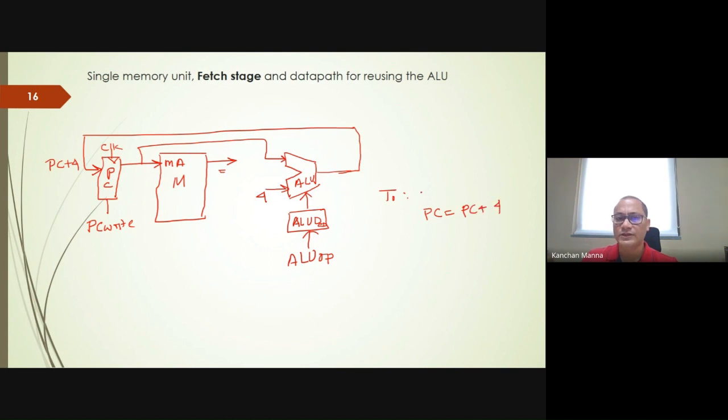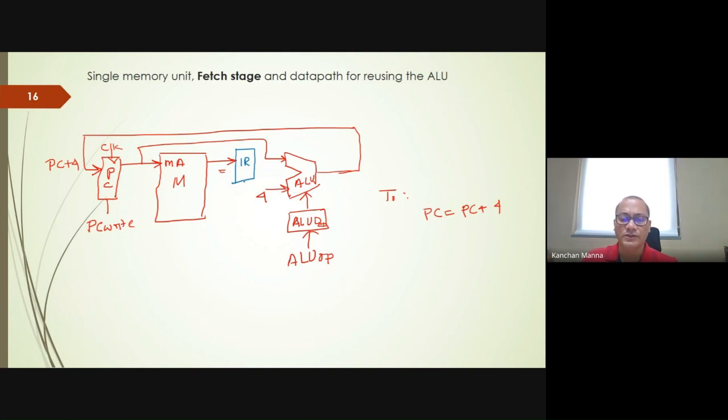Now we have fetched the instruction, and someone has to hold that, right? Otherwise we have to generate the control signals. So let's say we have here an additional register called the IR register, the instruction register. It will hold the instruction.